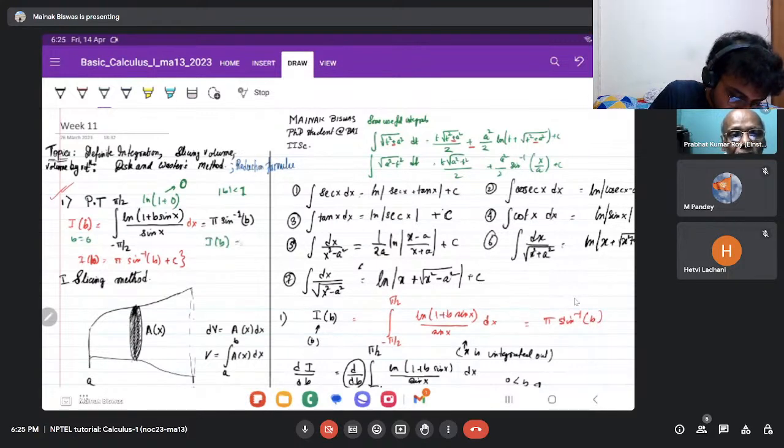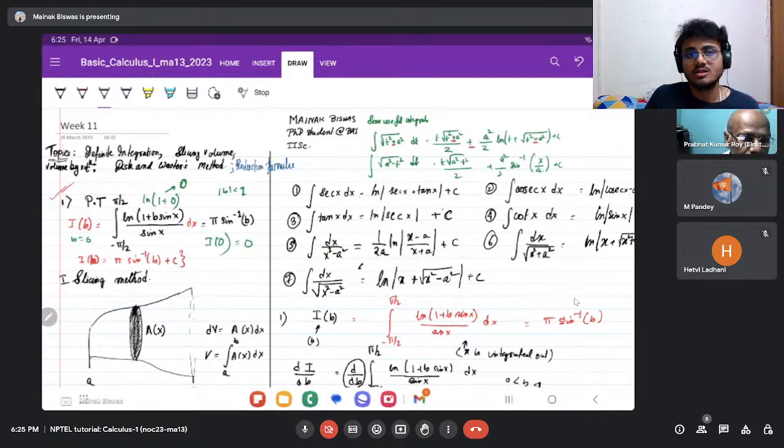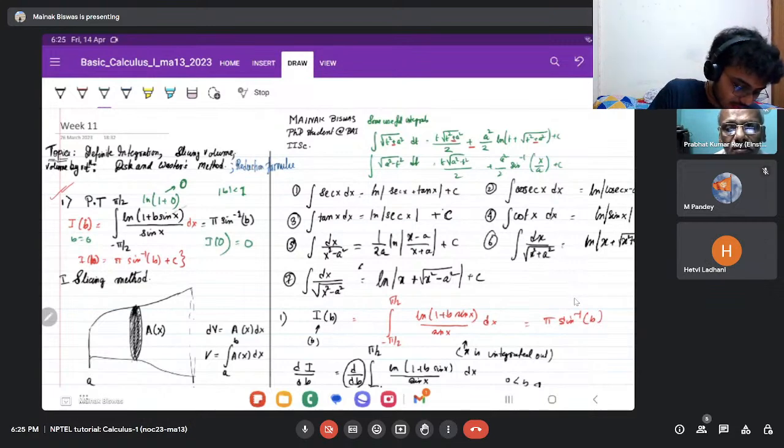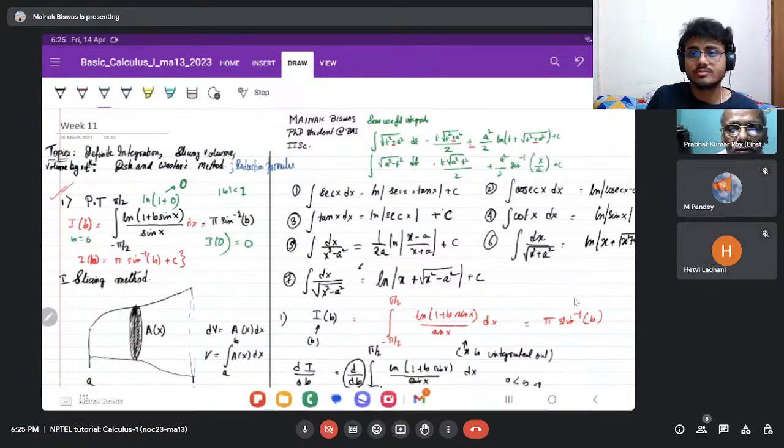I of 0 is 0. Yes, sir. So this sin x will become 0, and you will be left with the integral of 0, which is 0. If you integrate anything that is 0, dx times 0, it's still 0. There's nothing to integrate.